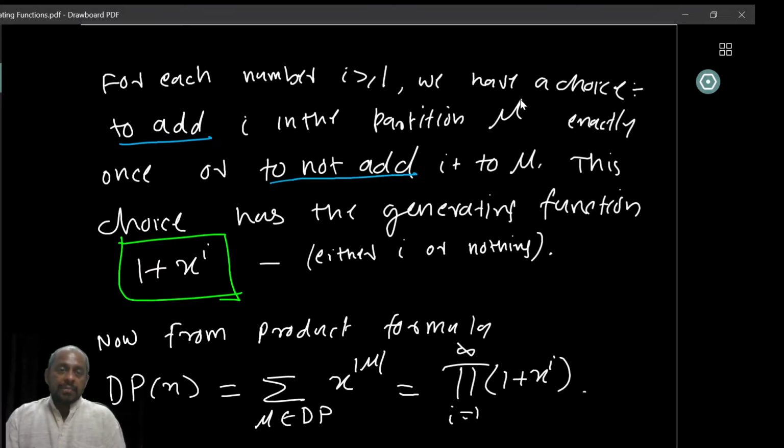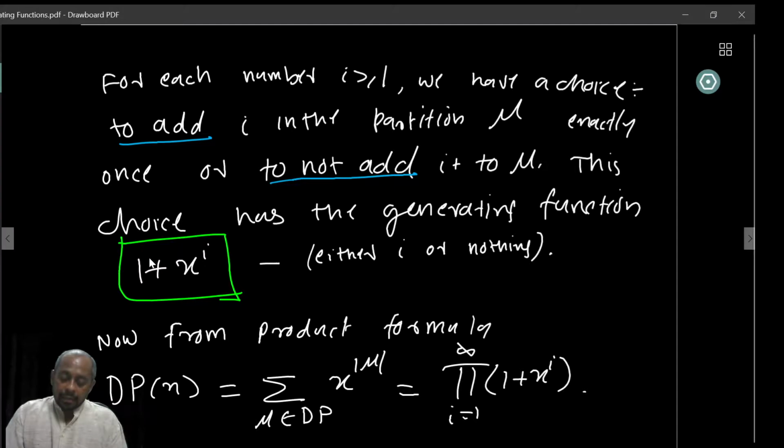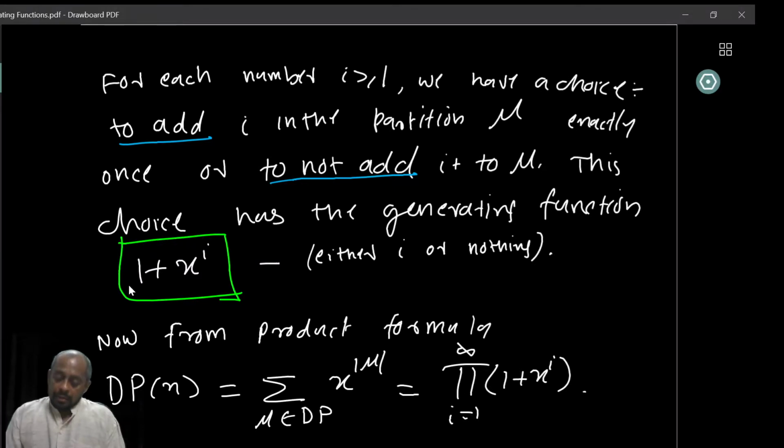What is the corresponding generating function? 1 plus x raised to i, right? Because when we are looking at the coefficient of x raised to n, we are selecting either i or something else, and we have to select these distinct parts and add them together to get n. That is the partition mu. We saw this earlier. Since we are choosing either i or nothing, I have 1 plus x raised to i. Is that clear?